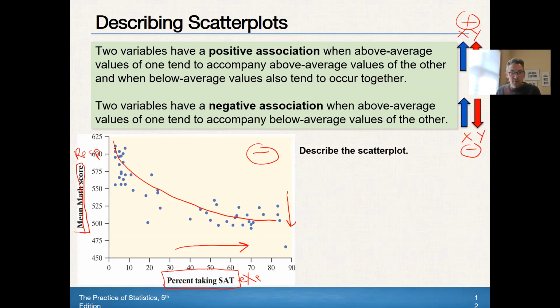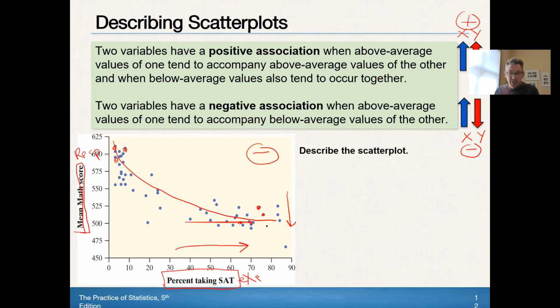When you have few students taking the test, like these states up here, they tend to score pretty well. When you have higher percentages of the students taking the test, they tend to score a lot lower. So the association is negative.